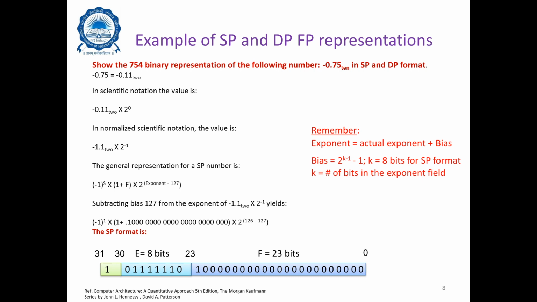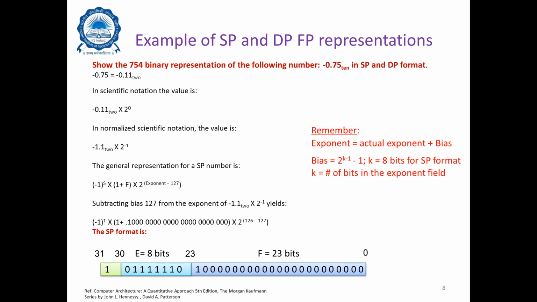If you just put in the formula the actual exponent of minus 1, and biasing is anyways 127, it will be minus 1 plus 127, so the exponent will be 126. So that is the number we put here, 126. That is the exponent field that we will be representing.